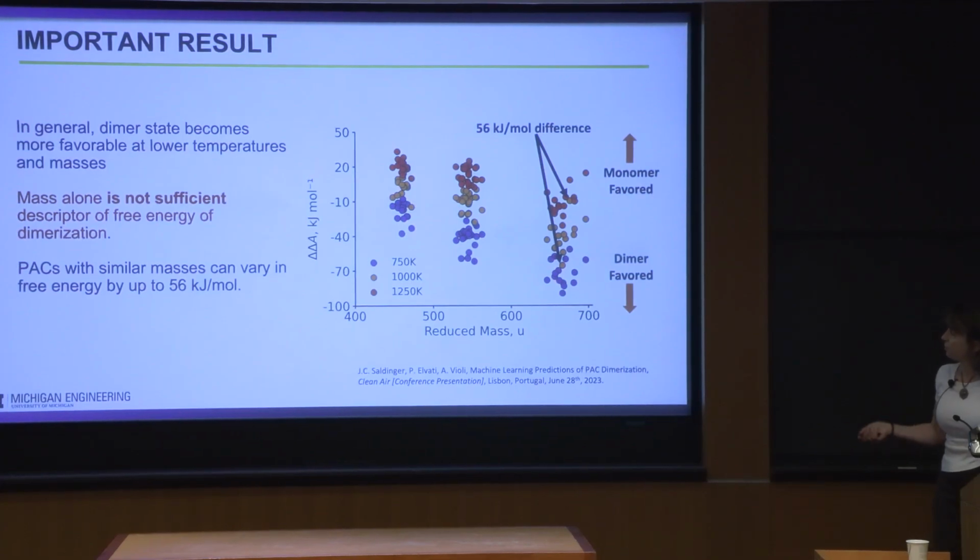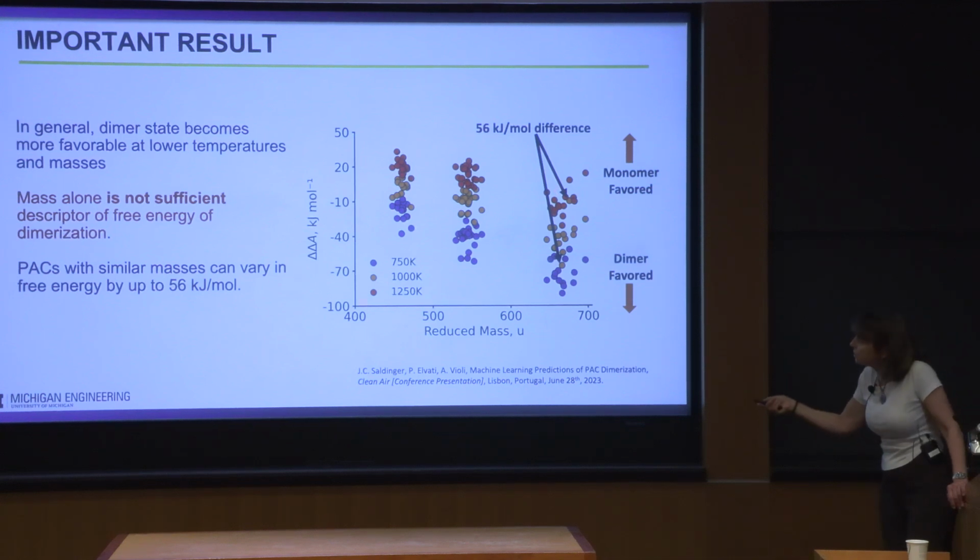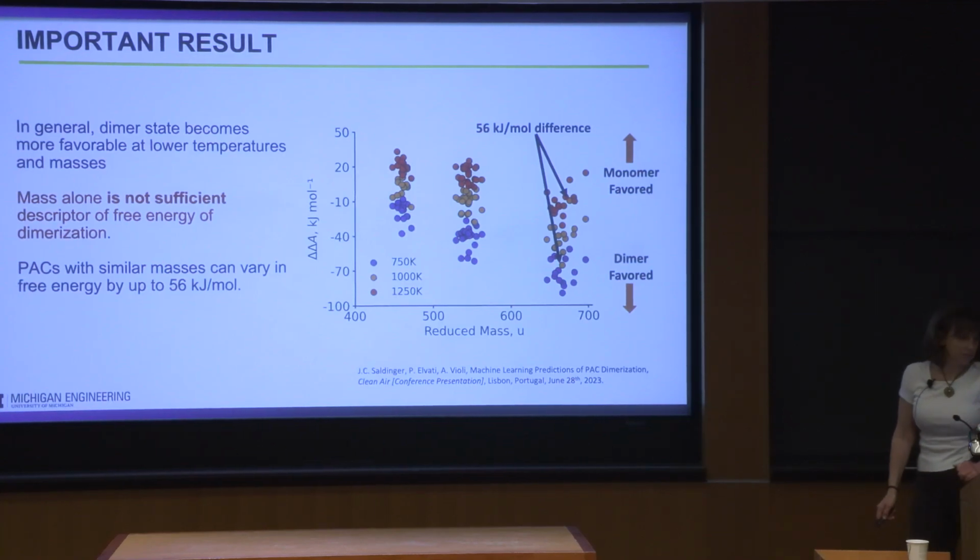Actually, the difference of 56 kilojoules per mole is for orange. So an orange down here and an orange here. So at the same temperature, that is 1,000, you can have, for the same reduced mass, things that are different by 56 kilojoules per mole. That is a lot.